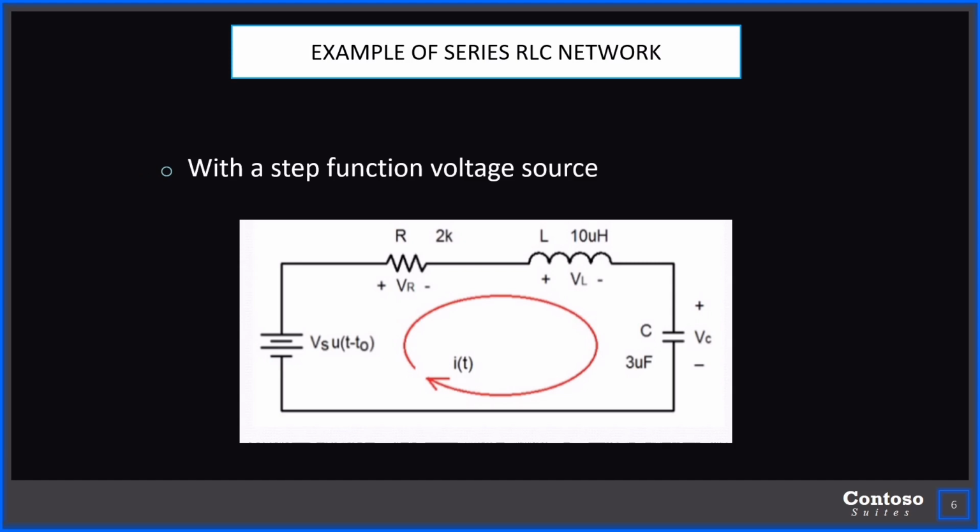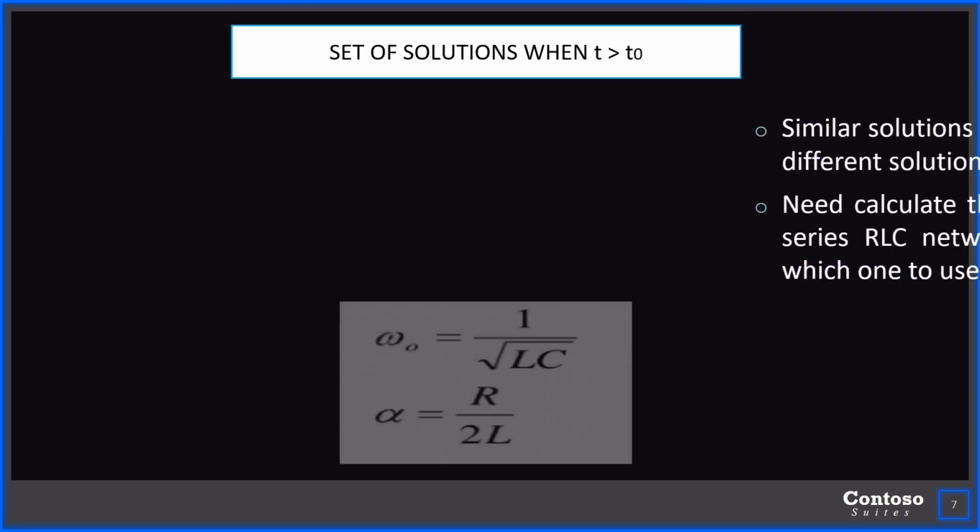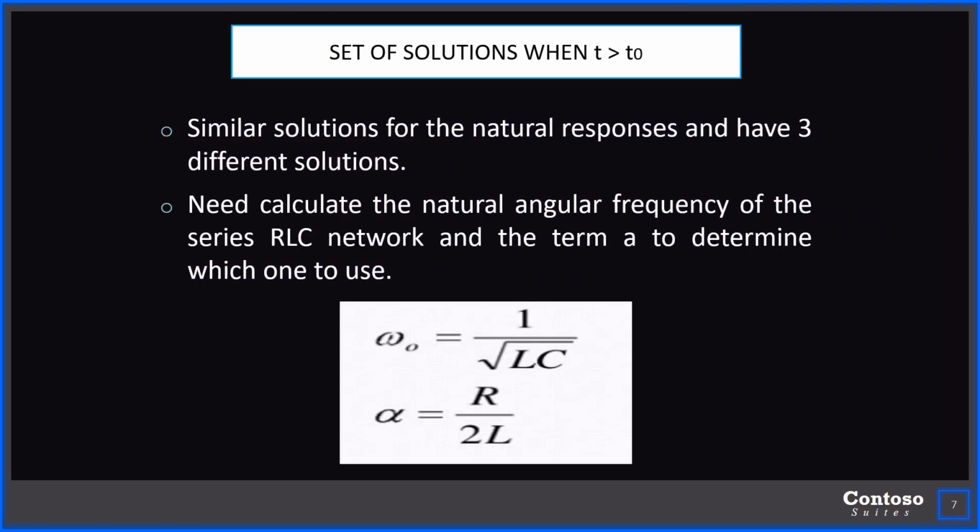This is an example of a series RLC network with a step function voltage source, we have power supply, resistor, inductor, and capacitor.